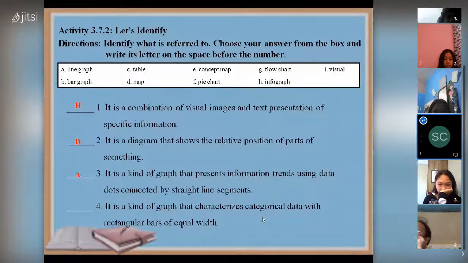Answer number 4, sir: B. It's a bar graph. The clue is rectangular bars. So it's a bar graph.